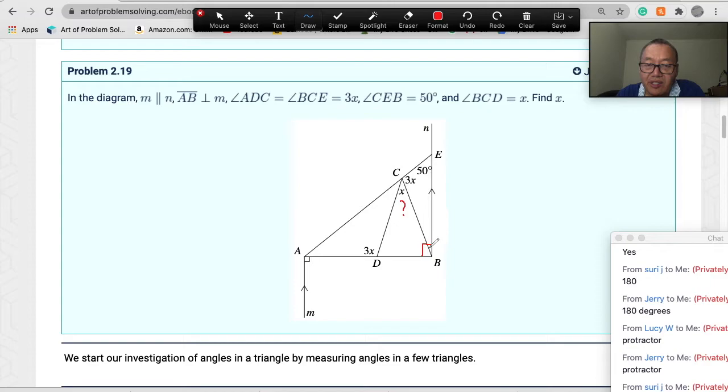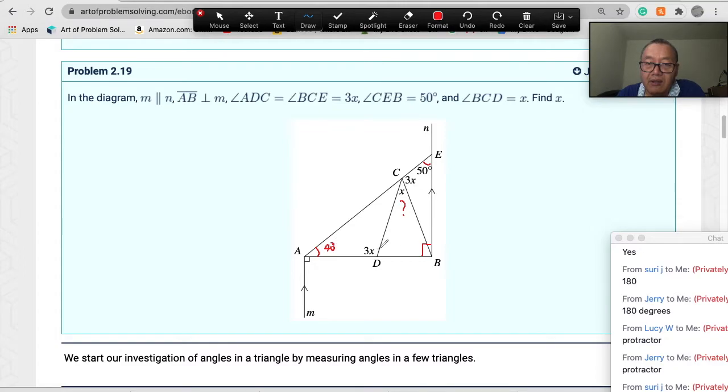Because this angle and this angle are alternate interior angles. So if this one is 90 degrees, that means this angle is also 90 degrees. Now in triangle ABE, they give you this angle equals 50 degrees. That means this angle equals 40 degrees, right?